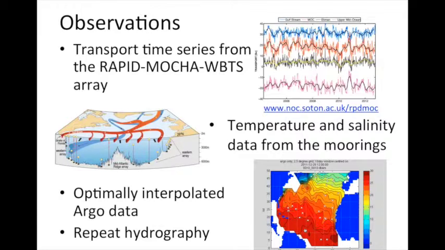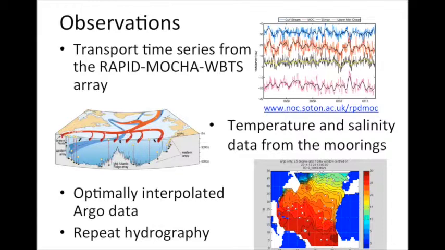So the final part of the puzzle of things that I use in this analysis is repeat hydrography. 24 North has a long history of repeat hydrography. It was occupied in the IGY in 1957, in 1981, and 1992. Molly was there in 1998, and we've occupied it in 2004 and 2010 also, and are due to go back at the end of 2015.